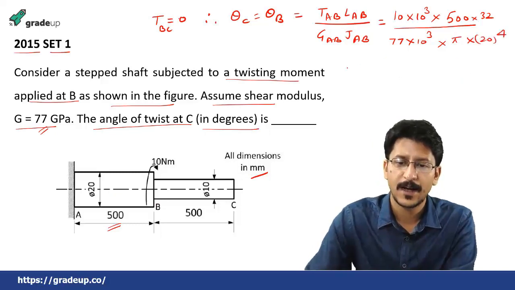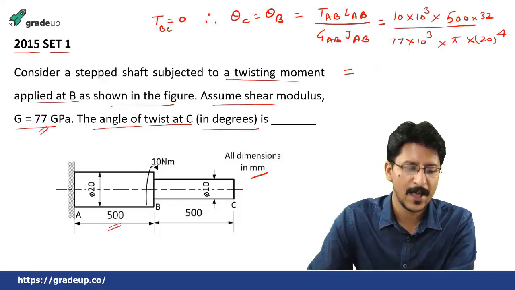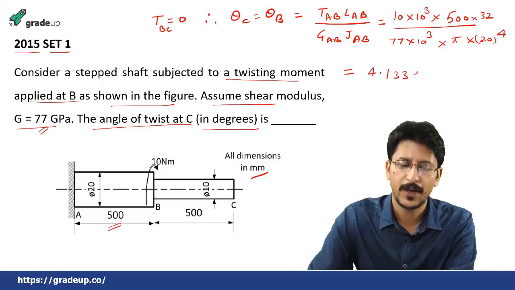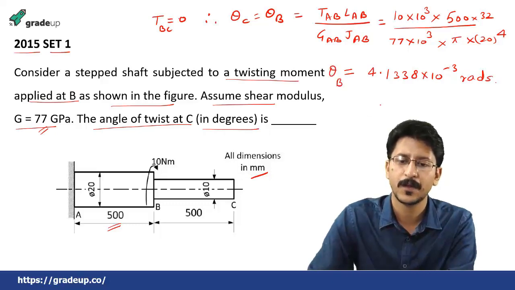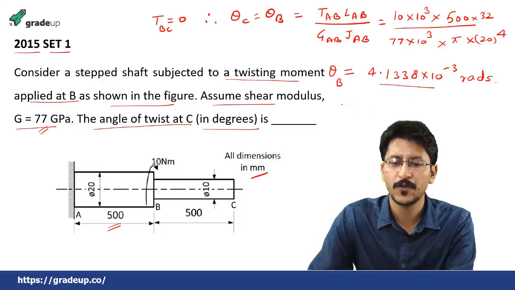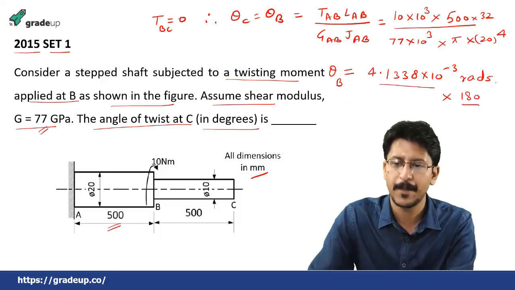And you will get the value as 4.1338 into 10 to the power minus 3, but this value will be in radians. For converting this value into degrees, you need to multiply it by 180 by pi.